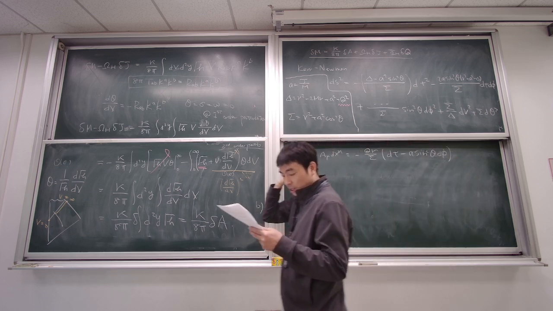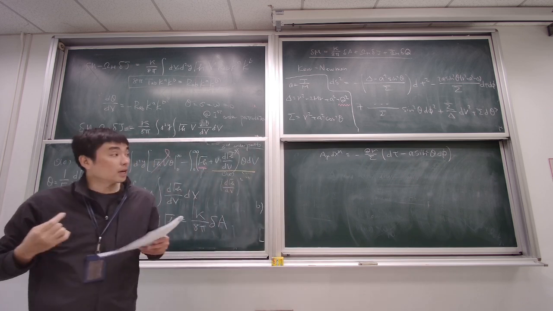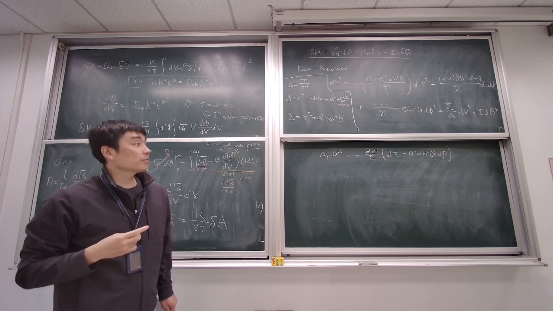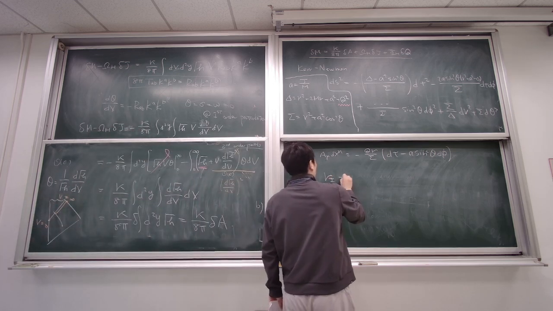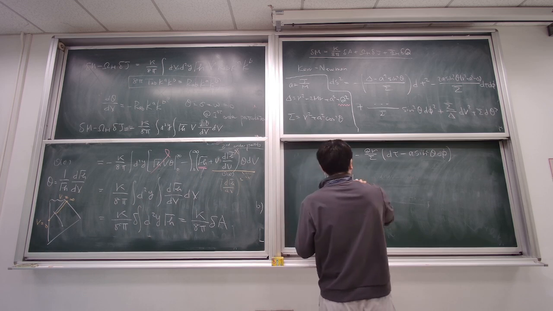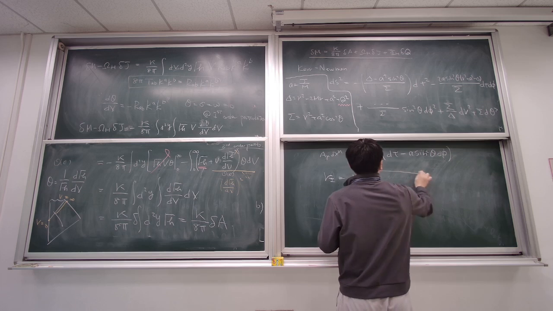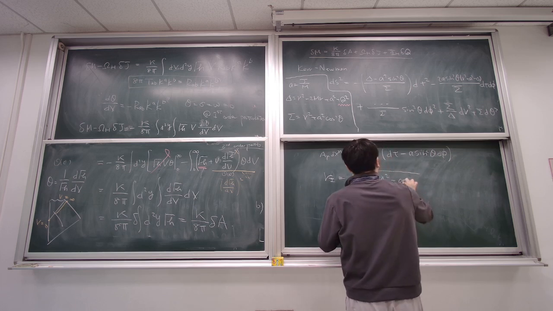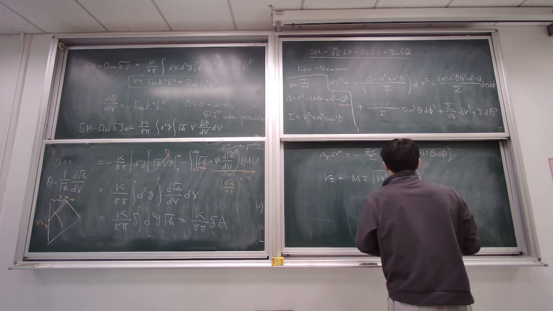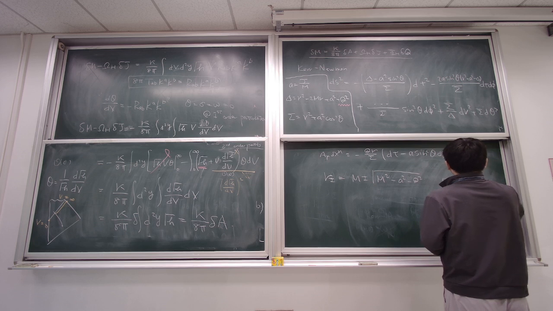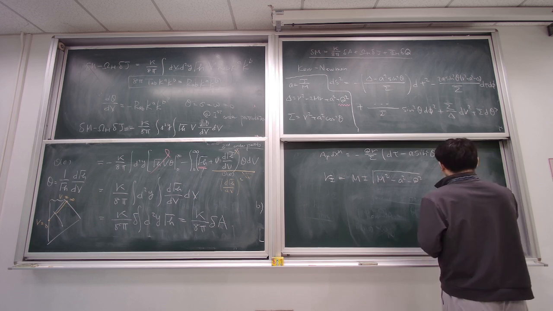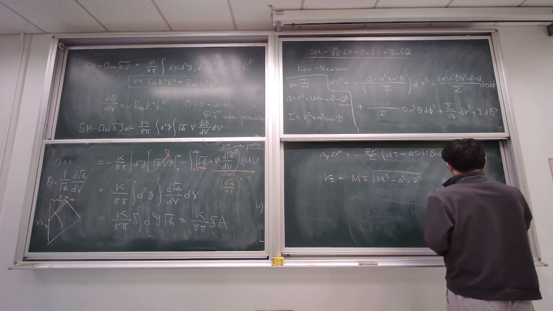So these are all the fields, the metric field and the gauge field, and the horizon is given by m plus minus the square root of m squared minus a squared minus q squared. So therefore extremality is m squared equal to a squared plus q squared. So that's the case.